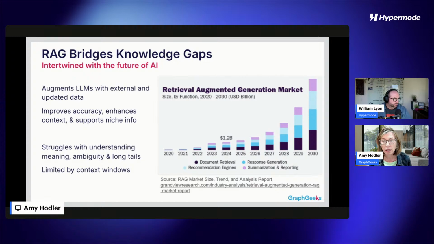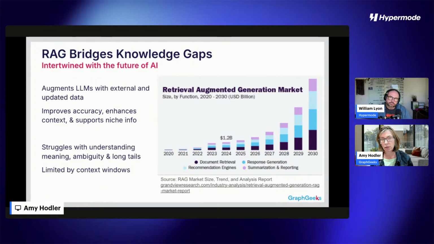But LLMs in general, and RAG in general, still struggle to understand the actual meaning. This is why you hear a lot of people talk about semantics, and anything that's ambiguous. If you're pulling from data that contradicts each other, or gives ambiguous results, obviously that can be challenging. You also have what are called long tail events.